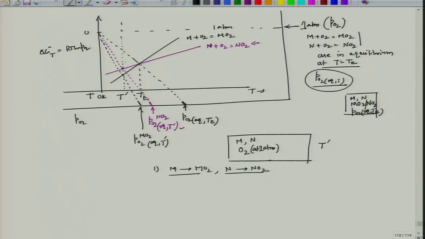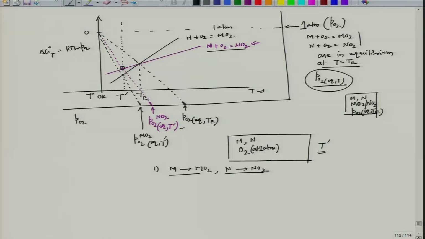Now, because this system would try to reach equilibrium, once it reaches this point, it will be satisfying the equilibrium condition for oxidation reaction N plus O2 equal to NO2.